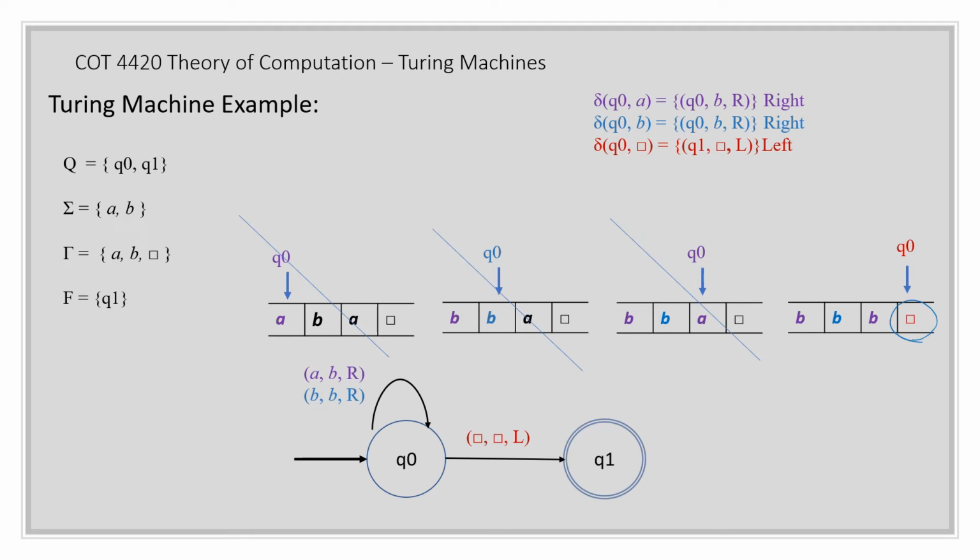So I'm going to move from Q0 to Q1 and I'm going to leave the blank alone, but I am going to move to an accepting state. So now I'm in an accepting state. So this is, again, just a simple example demonstrating how the Turing machine transition function works.